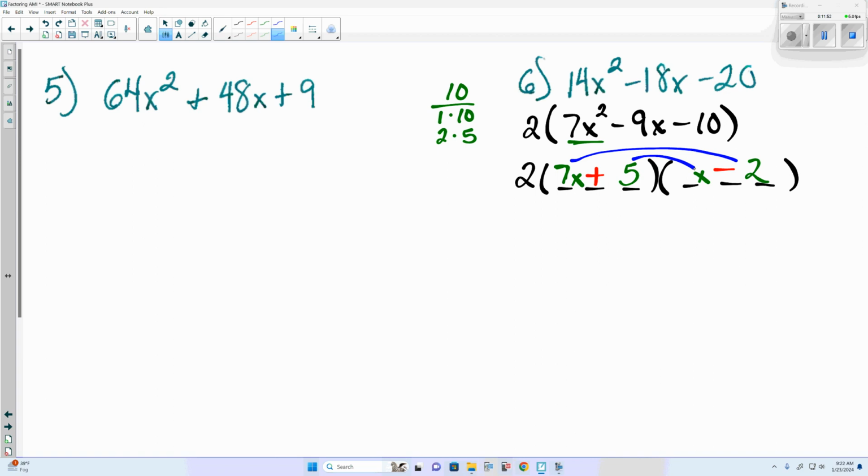I didn't put the 5 there first because, well, 7x times 5 would be 35. That's a little big. We'll try it in a minute if this one doesn't work. 7x times negative 2 is negative 14x. 5 times x is plus 5x, giving us negative 9x.